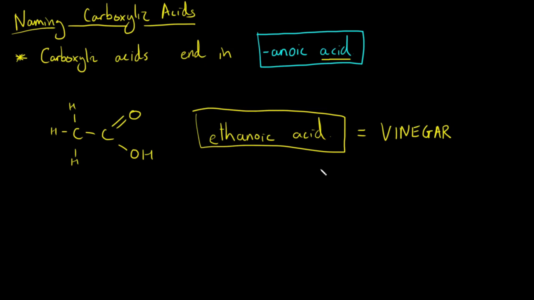If we cast our mind back to our Unit 1 chemistry, we talked about acids and alkalis and strong and weak acids. Carboxylic acid is a good example of a weak acid. And while we're on that train of thought, talking about our Unit 1 chemistry from last year, it's worth talking about a reaction that we can do with our carboxylic acid.